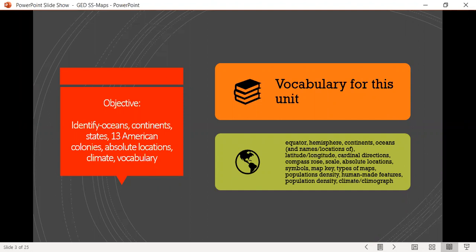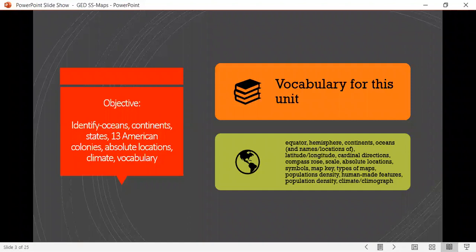We're going to start off by identifying the objective for this first lesson, which is identifying oceans, continents, states, the 13 American colonies, absolute locations, climate, and other types of vocabulary that go along with map reading. And you look over here on the right side, you can see more of the types of vocabulary you're going to be looking at.